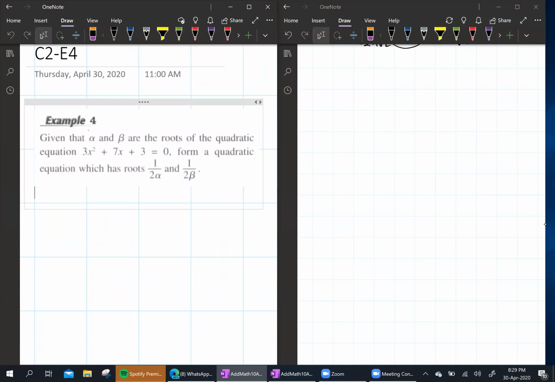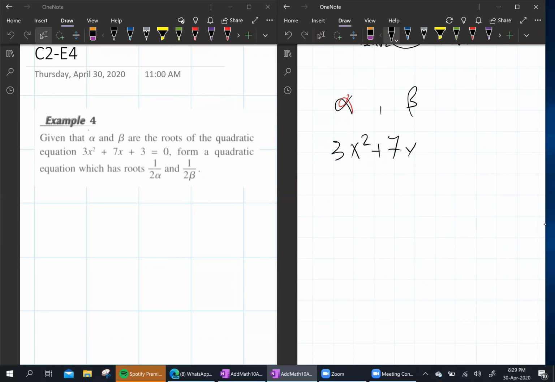So you are given alpha and beta are roots of an equation, that means this is 3x squared plus 7x plus 3 equals to 0. This equation has alpha and beta as its roots.